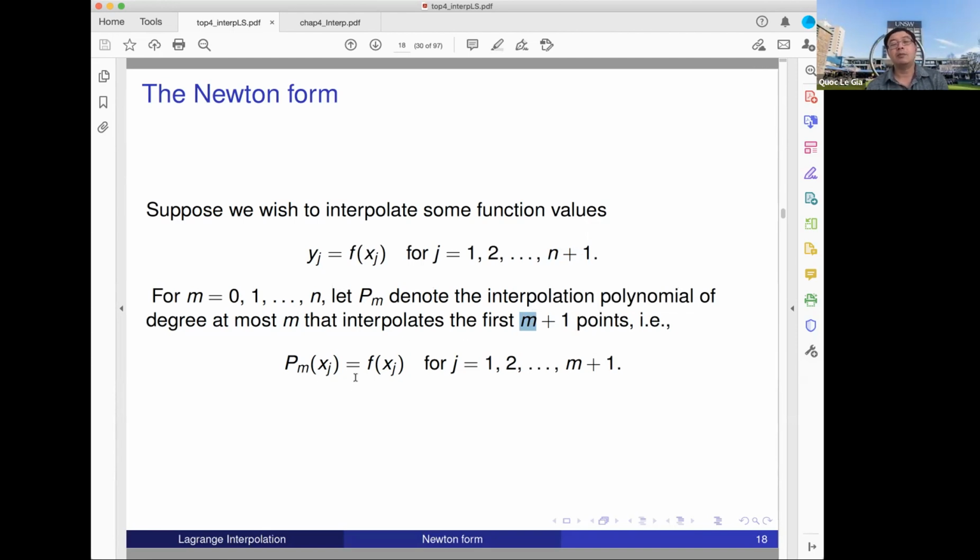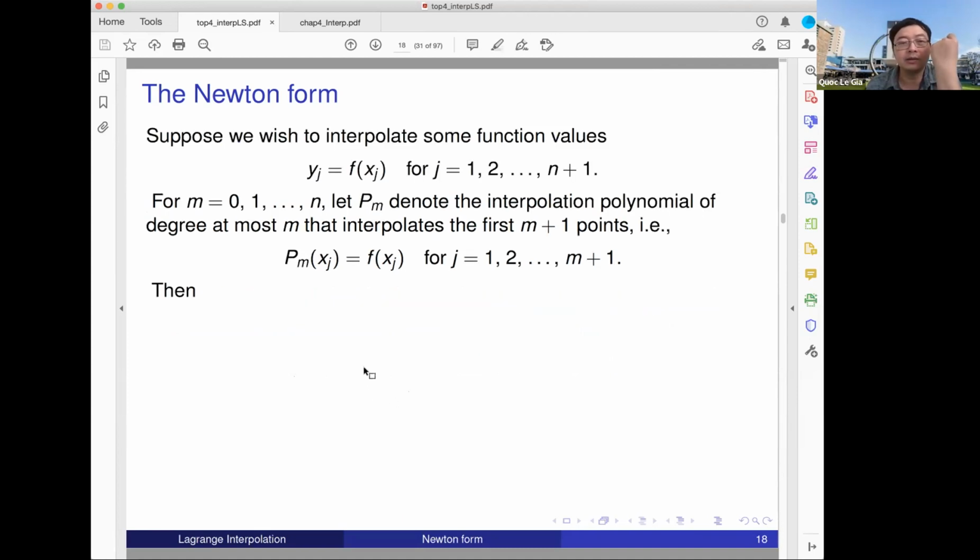Maybe now let me give you an example. So what is P0? Suppose m equals 0. Then what is P0? P0 interpolates only the first point. It's a constant, right? Because it interpolates only the first point, it's just equal to a constant.